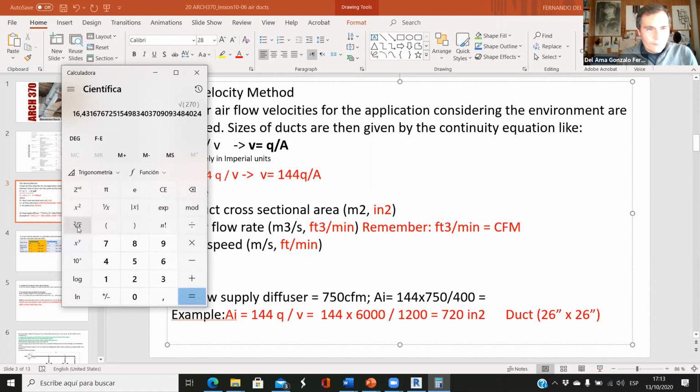Square root is 16. Okay, so 16 is the size of this last duct, so that the velocity is good enough.